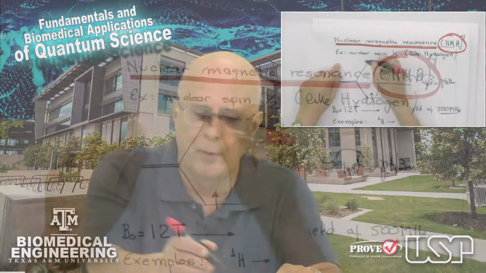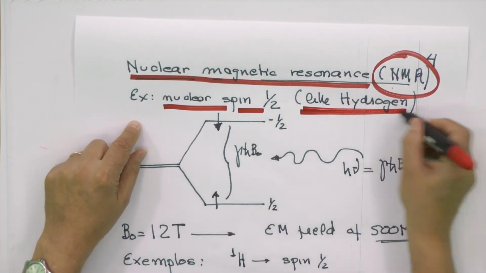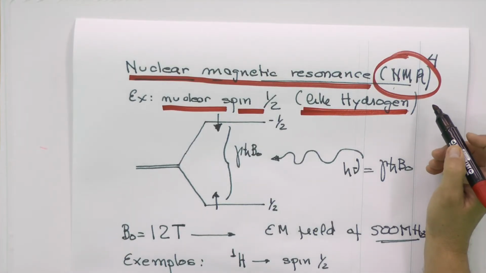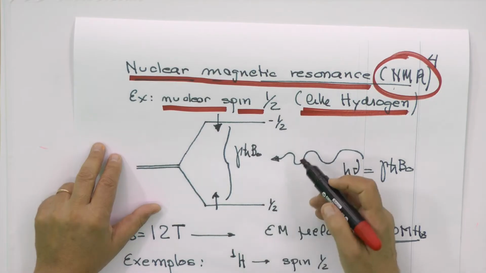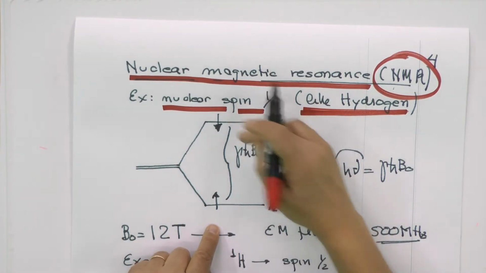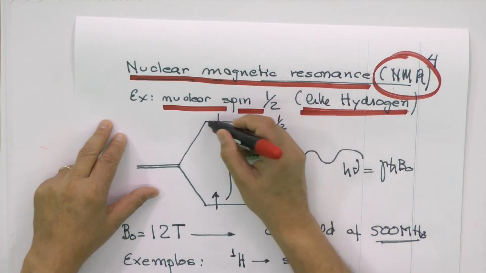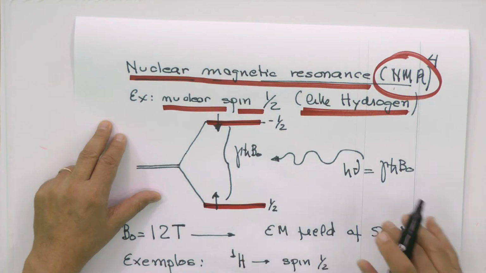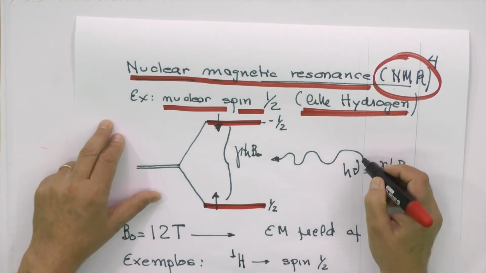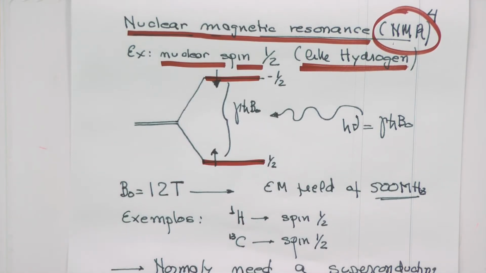I took a very simple example here, which is the hydrogen. The hydrogen is a single proton. Therefore, and because the charge is positive, when you look at the magnetic moment, the energy of the minus component is up and the plus component is down. That's all right.